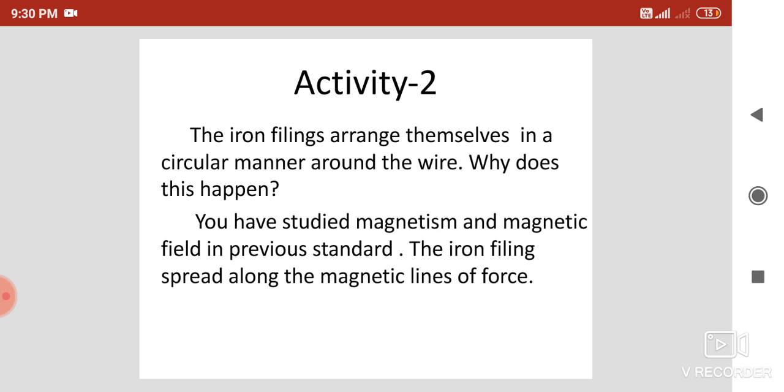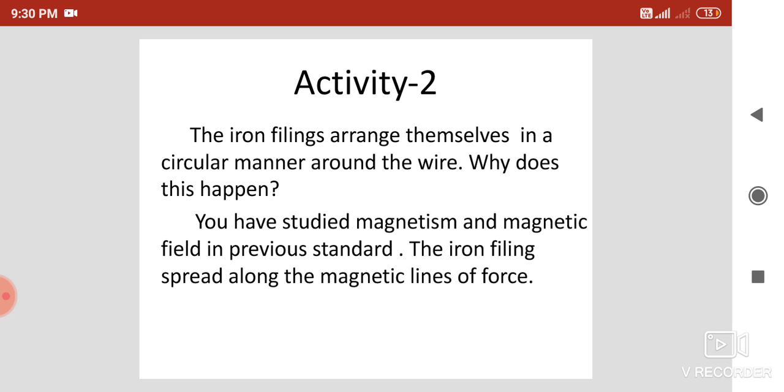If we decrease the current, we can see the iron filings remain in circles only, but they are sparse. So in this activity we have learned that when electric current passes through a wire, a magnetic field is created, and that magnetic field depends on the intensity of the electric current.